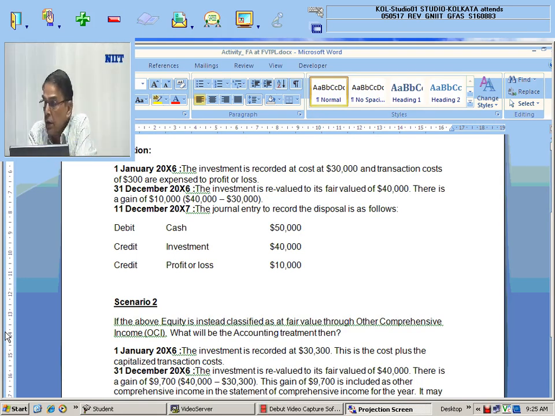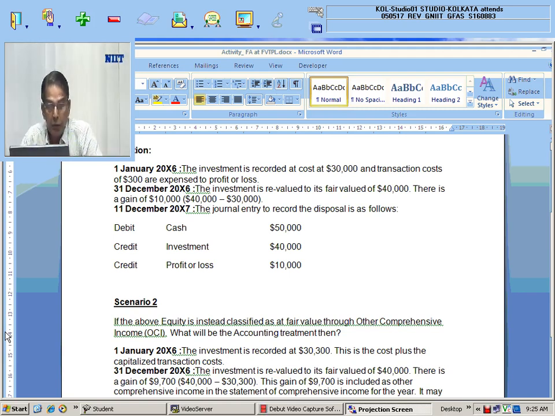So the investment will be recorded at 30,300. This is cost plus the capitalized transaction cost. So the transaction cost will not be charged to the profit and loss account. It will be added to the fair value of the investment, since it is a financial asset at fair value through other comprehensive income.